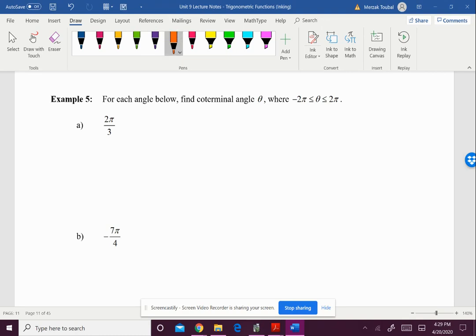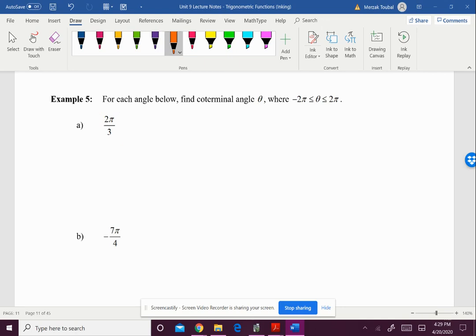The idea we can use to find the coterminal angle is the same as with angles whose measure is in degrees. Now, the difference is we have to determine if, for example, 2 pi over 3 is bigger than 2 pi, smaller than 2 pi, greater than negative 2 pi, or smaller than negative 2 pi.